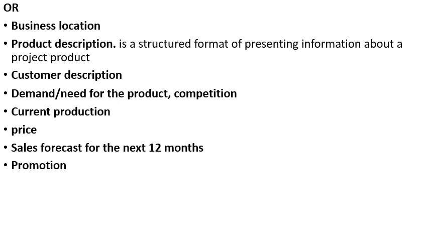You describe the customers, the demand, need for the product, competition, current production, price, sales focus for the next 12 months, and lastly, you end up with promotion. So you can use any of the two, either the first one or the second one. But the first one is more descriptive and shows a very clear picture of everything.